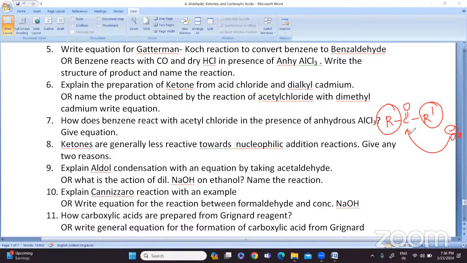Suppose I take both as phenyl groups, then the attack is not possible because both are bulky groups. So the first reason is correct, that is due to steric hindrance of bulky groups.